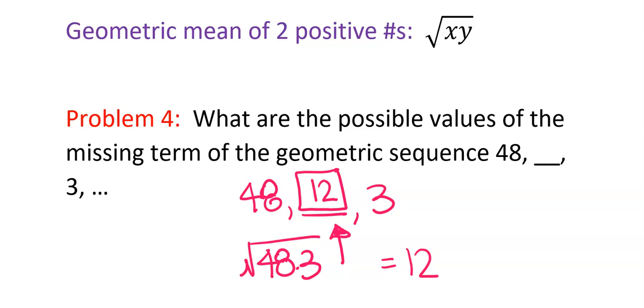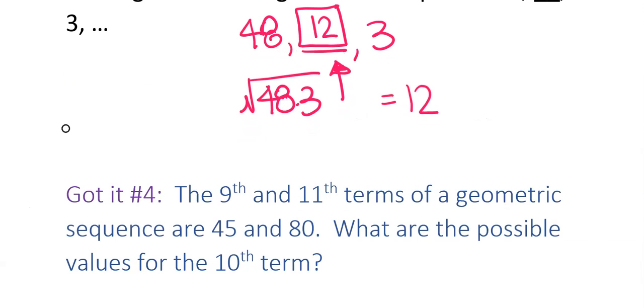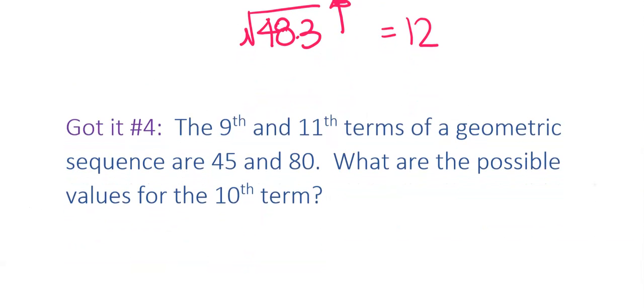So then if you take 12 divided by 48, that is 0.25. 3 divided by 12 is also 0.25. If you check out the common ratio, it should be the same throughout. If you divide by 4 every time, which is kind of what it looks like the sequence is, that would be the same as well.